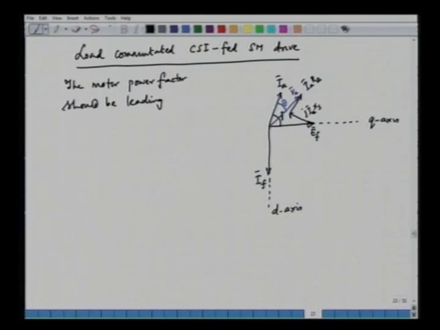So, this is a discussion on the CSI for synchronous motor drive, which is used for very high power application. So, let us now see how we can describe or how we can study the steady state response of the synchronous machine. Let us now see the behavior of the synchronous machine in the steady state condition.